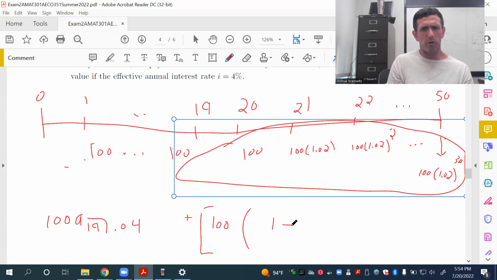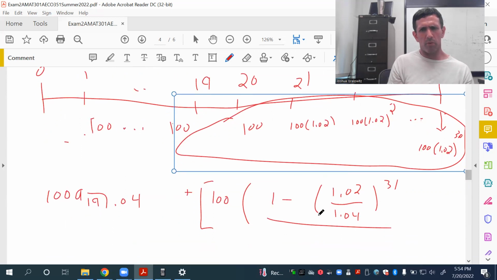So that formula is 1 minus 1 plus 0.02, the 2% increase in subsequent years, over the interest rate of 4%, 1.04, to the 31, over 0.04 minus 0.02, 0.02.